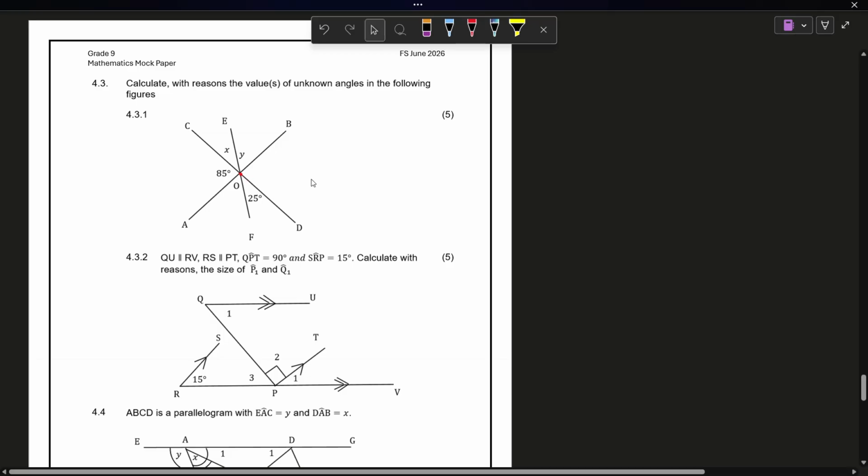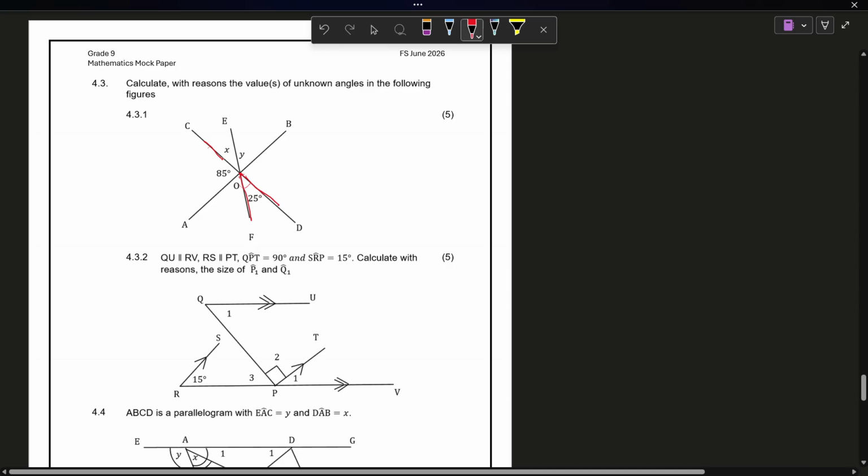So what do we see here? We can see that this angle here is equal to which angle?